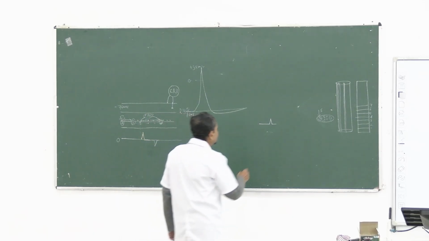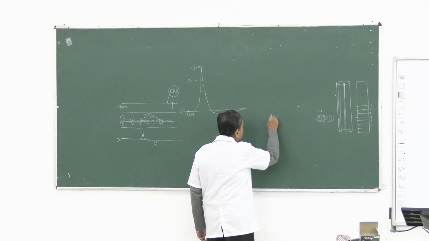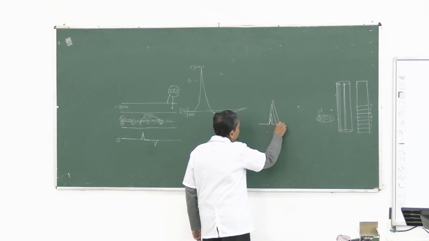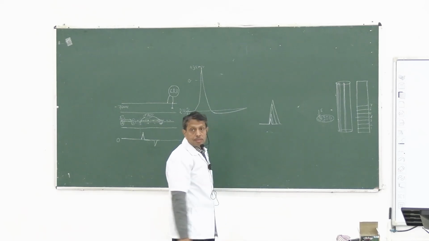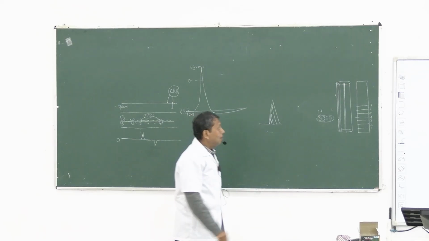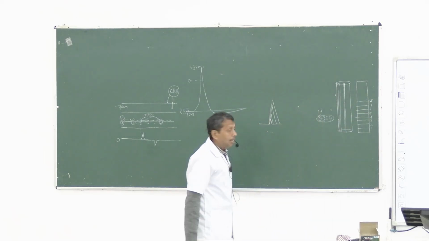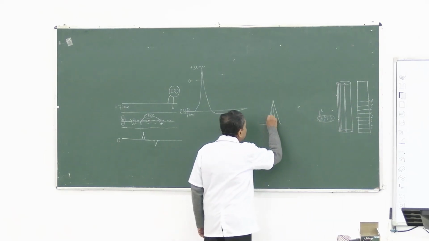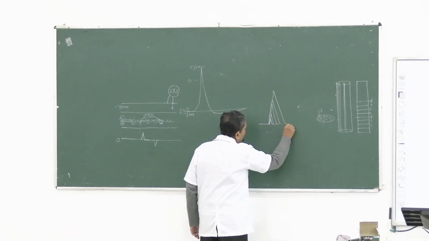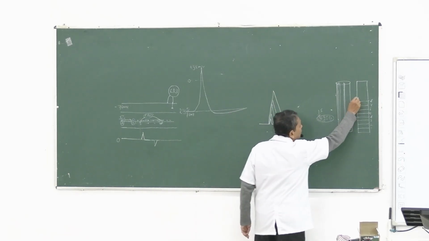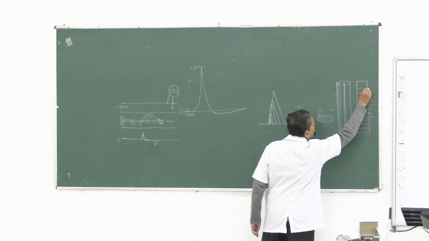So you will get this type of record, increasing in this way. And when you get the maximal response at the level of 8 or so, the maximal stimulus, you get this response, and if you increase further, there is no change.